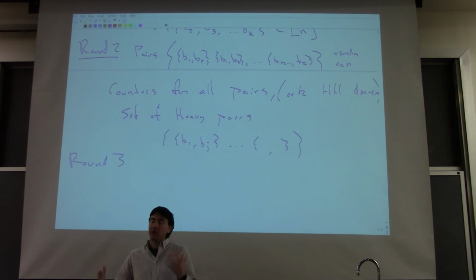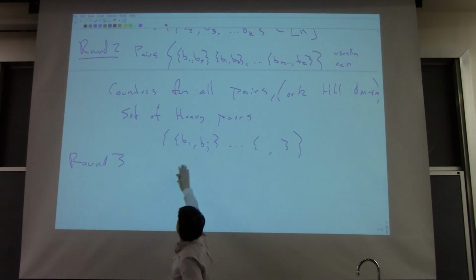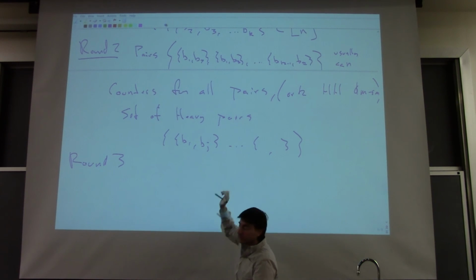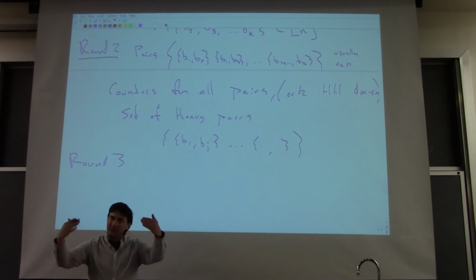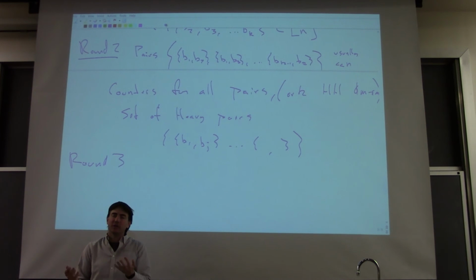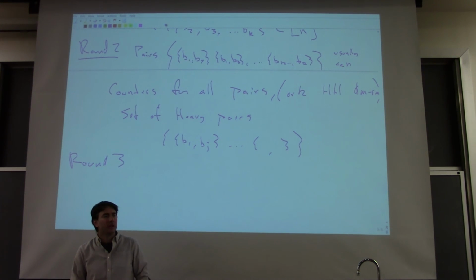There could be n cubed triples, or if there were k sets at the end of round 1, there could have been k cubed triples. But now I only consider the ones where the pairs must also hold. So this filters it again. And you keep doing this, and each round the set of things you're keeping track of tends to get much smaller. Typically, the largest set happens at the end of round 1 or maybe round 2, but after that it usually gets much smaller very quickly.